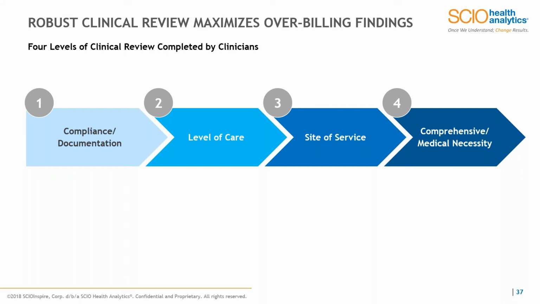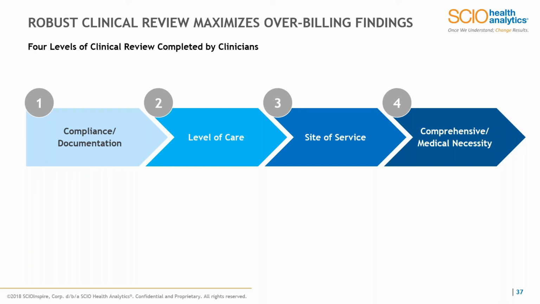CO finds overpayment in 4 major categories: compliance of documentation guidelines, delivery of the right level of care for the member's condition, performing services in the most appropriate and cost-effective site of service, and providing services that are not medically necessary. The challenge to a successful clinical audit is in selection of the high-risk claims.